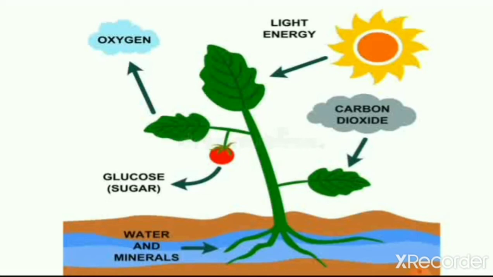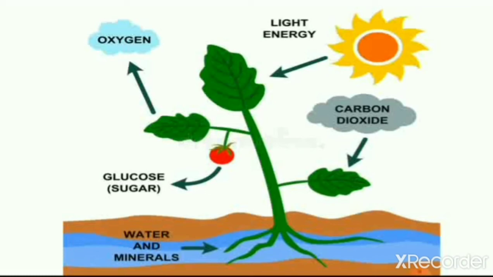As we learned in the first lesson, living things need oxygen for breathing. So this is a very important and very useful thing for living things, which oxygen we get from the leaf. So the leaf is a very important part of the plant, and also a very important thing for living things, because we get oxygen from the plant through the leaf.